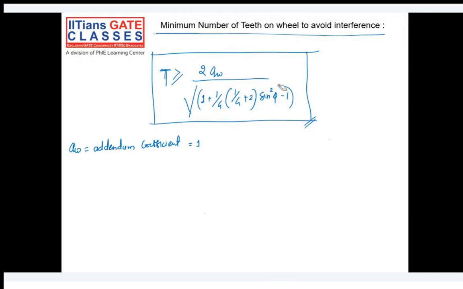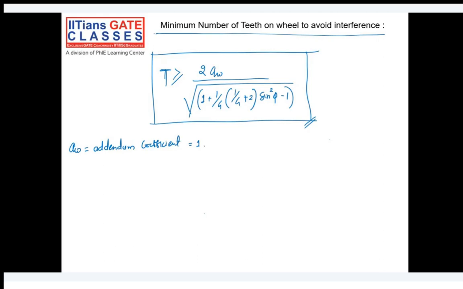Okay. Aw is the addendum coefficient. Addendum, I explained, is equal to one module, and in some cases it is 1.15 times module, if you remember from the last class. So basically the addendum coefficient is generally 1, but in some cases it can be more than 1. Whatever number you are multiplying with the module is your coefficient, and generally its value is 1.